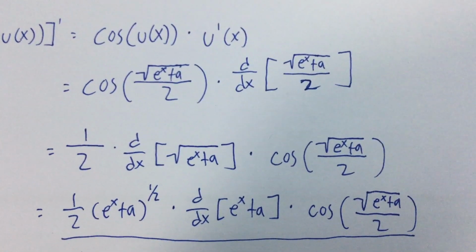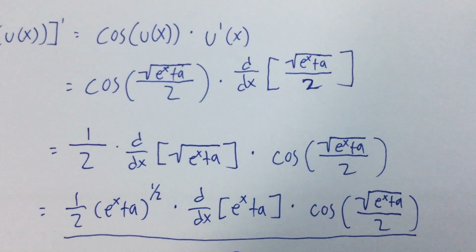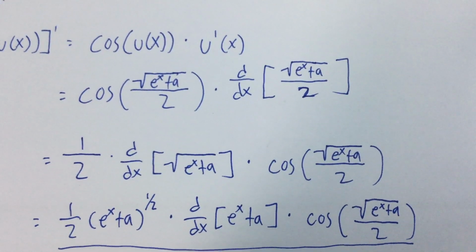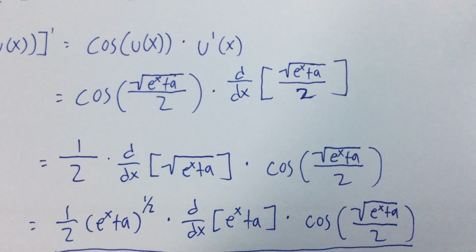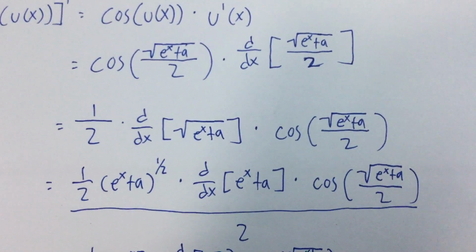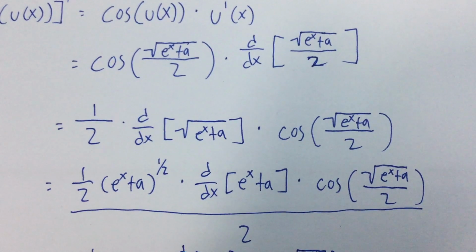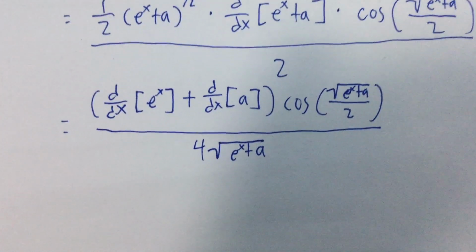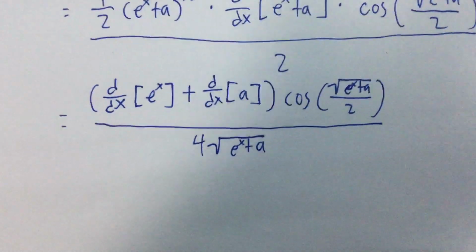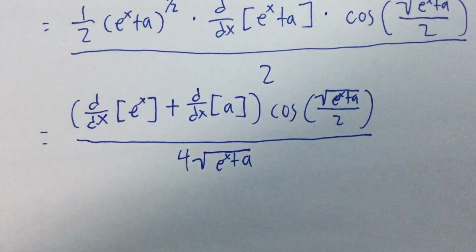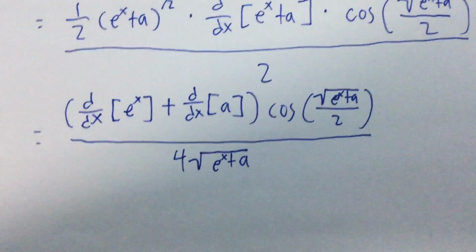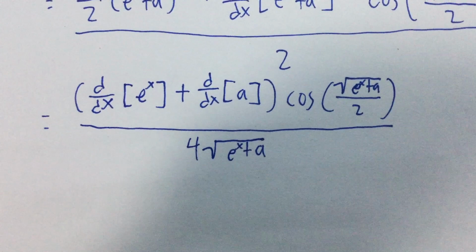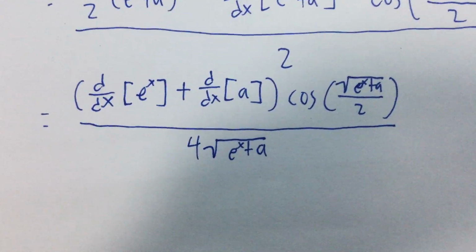Sorry for the technical difficulties. Now let's cancel out the over 2 and the over 2; we will divide this by 2. After cancelling, here's our final equation: the derivative of e^x plus the derivative of a, times cos of the square root of e^x plus a over 2, over 4 square root of e^x plus a.